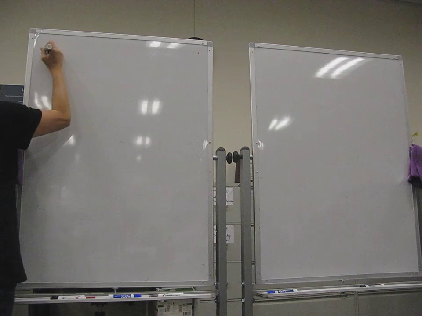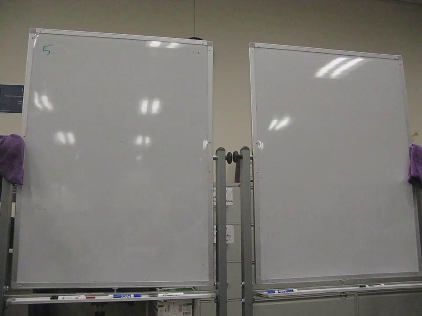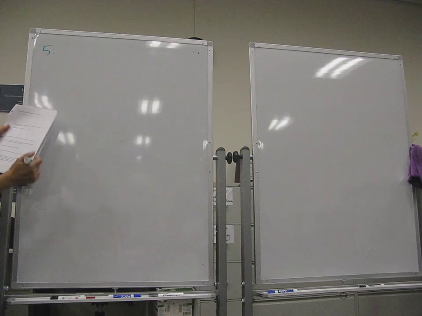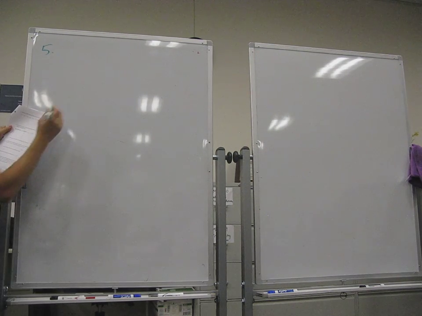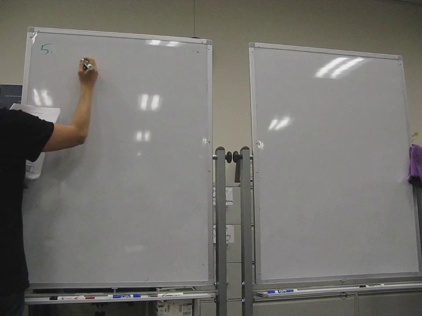So here's number 5 on your study guide. It says, here's a frequency distribution, 27 days, find the mean. Do not use lists.